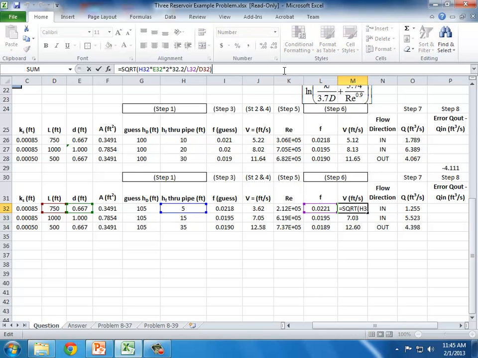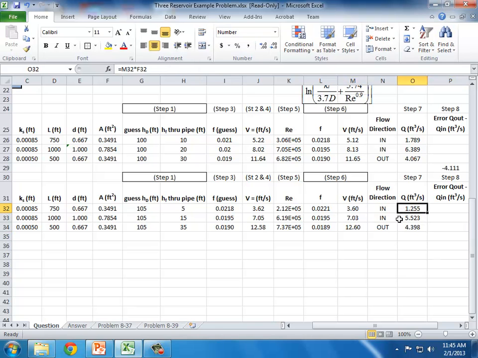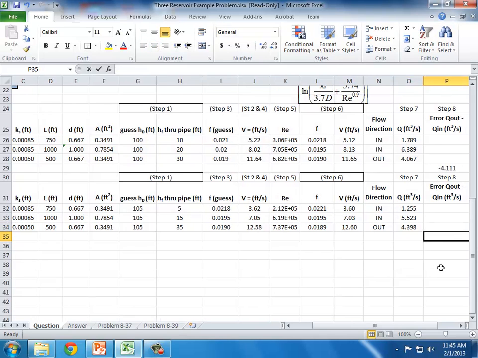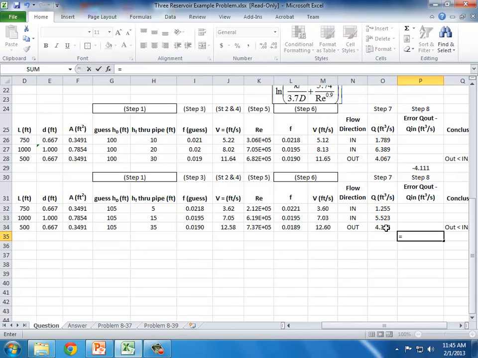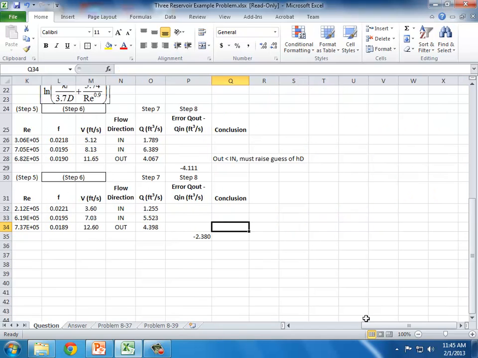It's found new velocities. And so we'll take a look at, is this still into the junction? Yes. That flow rate is still into the junction. That flow rate is out of the junction. So now we're going to do out minus in, minus in. Okay, so what's the conclusion this time?